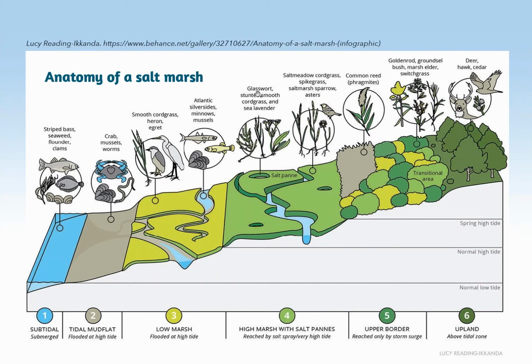There are a lot of different plants, which I don't have in this presentation, that would fall in this high marsh area, and also just above that. But basically in the low marsh where it's flooded, we're using Spartina alterniflora, for the most part.